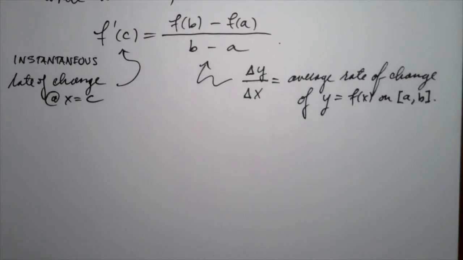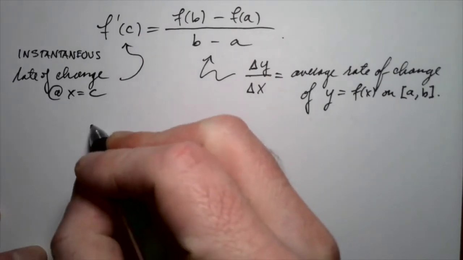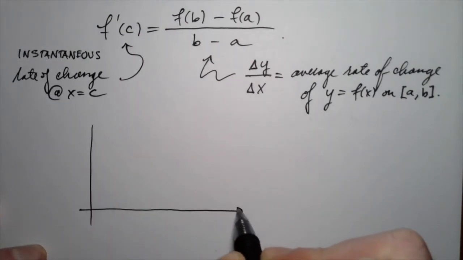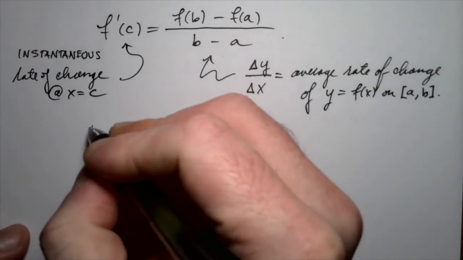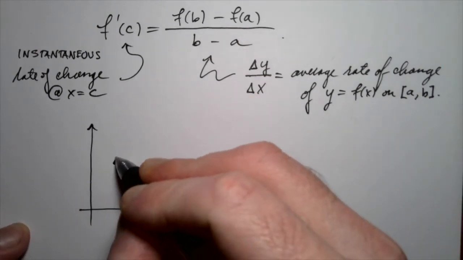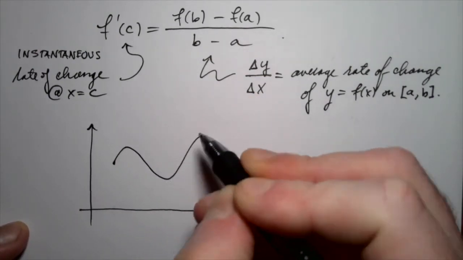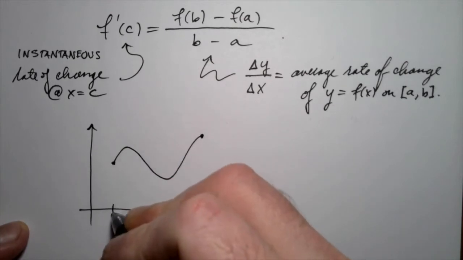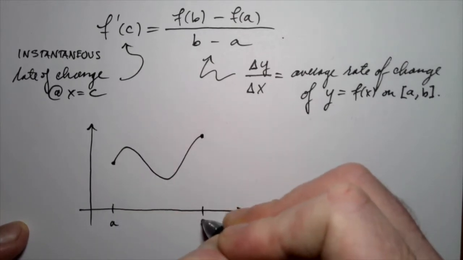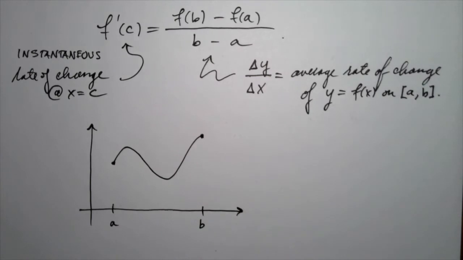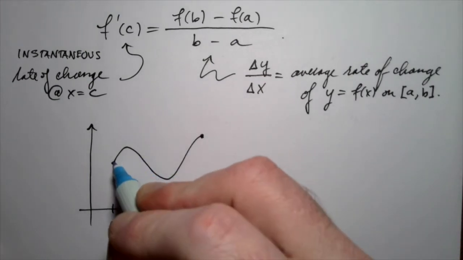Let's illustrate the mean value theorem. What is it saying graphically? So suppose that the graph of our function f looks something like that, and it's defined here on the interval from a to b. Very good. Well, first of all, what is the average rate of change? What's the right-hand side in the mean value theorem?